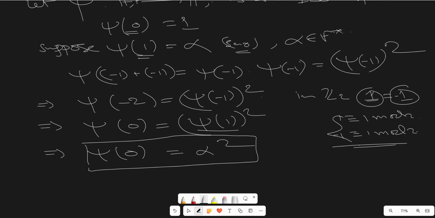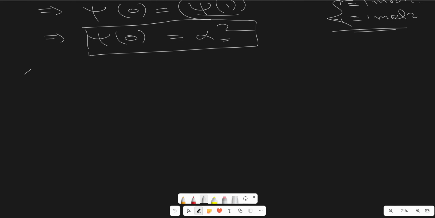And we also have psi of 0 is 1. Since they are isomorphisms, they must be one-to-one, so psi of 0, alpha square, should be equal to 1. This and this have to be the same, so alpha square should be equal to 1.